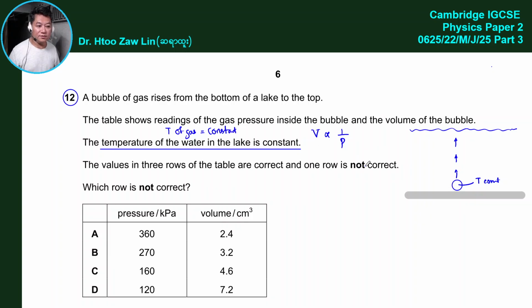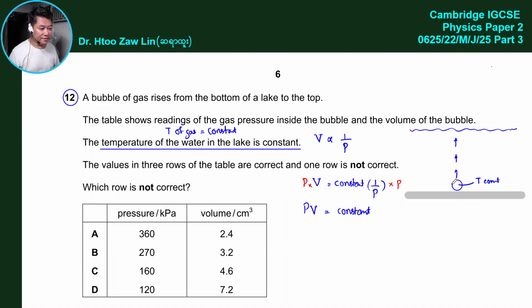So let's rewrite this expression again. We can write V is equal to a constant multiplied by 1 over P. To change the proportionality to an equality, you need to multiply with a constant like this. Multiplying on both sides by P, we get PV is equal to a constant.